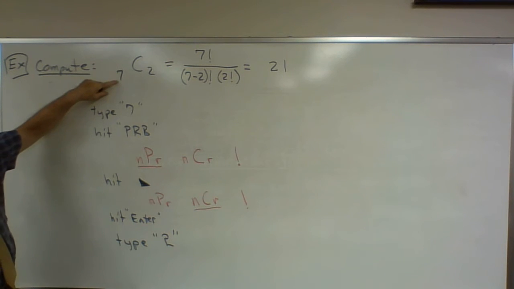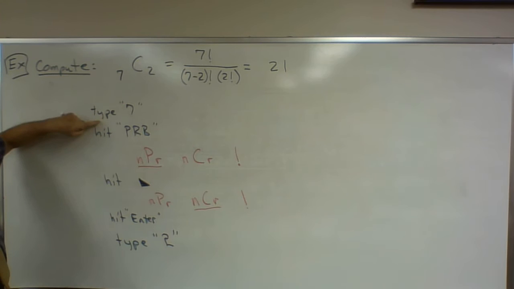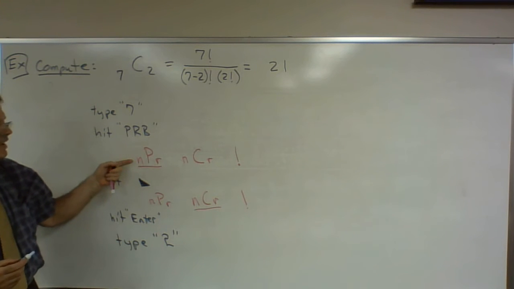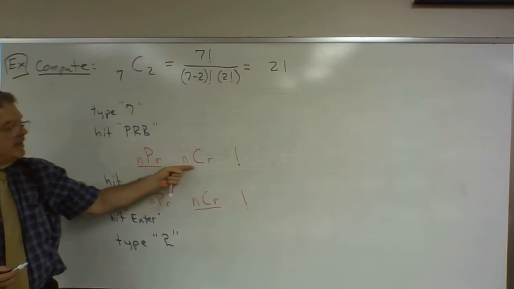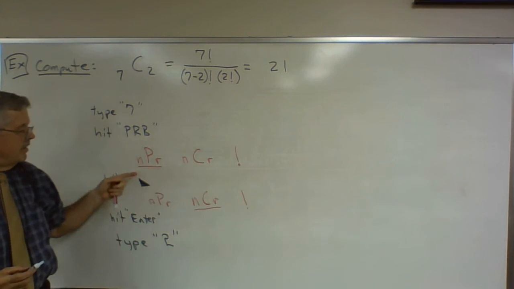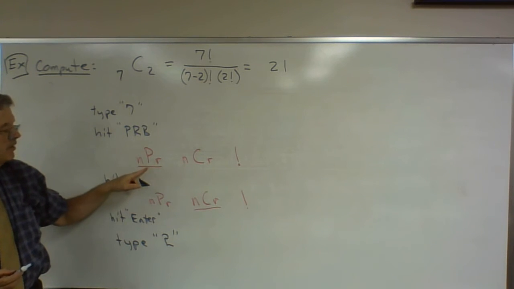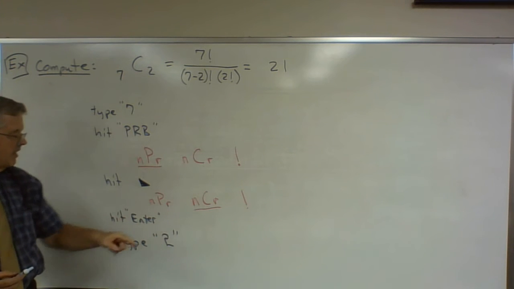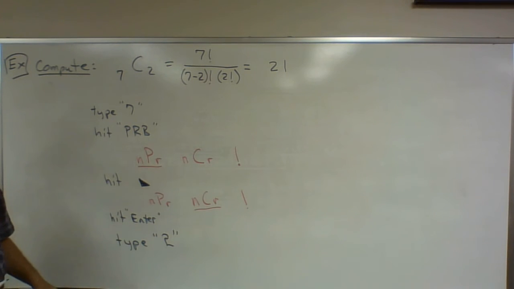So the first thing we do, type the 7. Then hit the probability key. That will take us to a screen where it lets us select one of these 3. With the right arrow button, we'll move the underline to underline NCR. We'll hit enter.